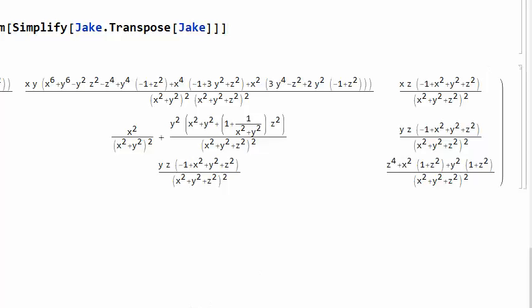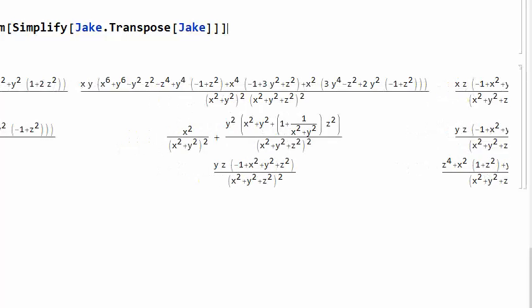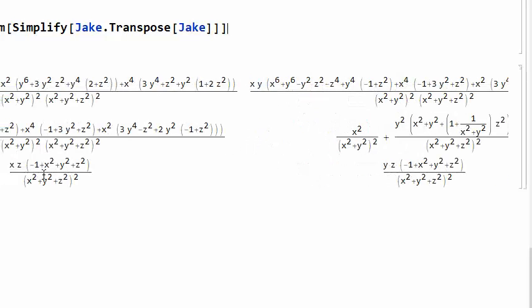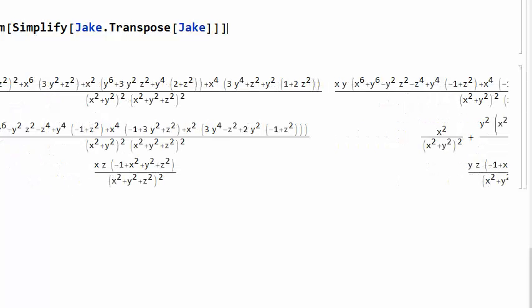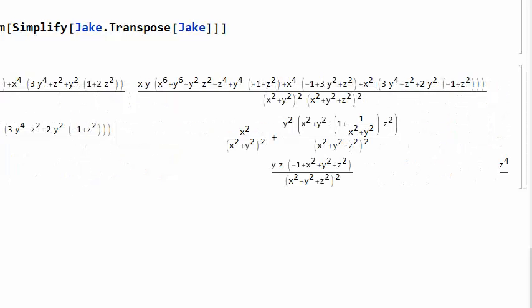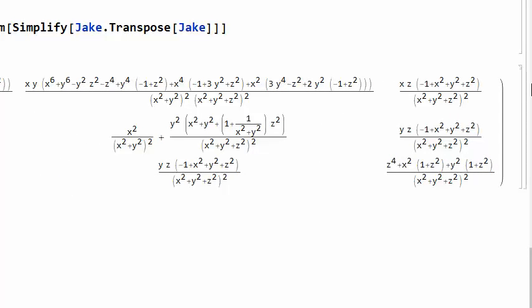What I'm curious about, though, because really, if this is the same, then these guys, the diagonal terms, are supposed to come out to be 0. And it doesn't look like they are 0. Let's play with a couple of them and see what happens.